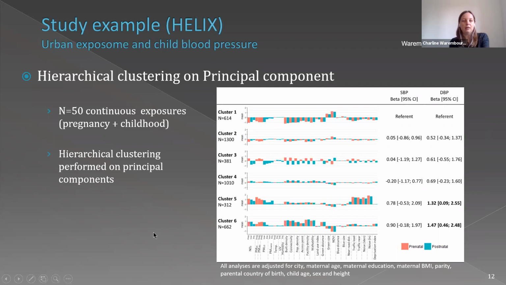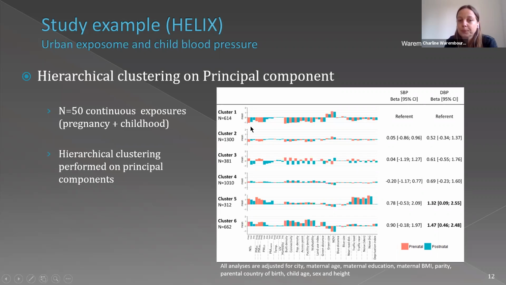And finally, these are the results of the hierarchical clustering on principal components. So here you can see that with this method, we obtain 6 different clusters. The individuals, so the children, were classified in one of those clusters.